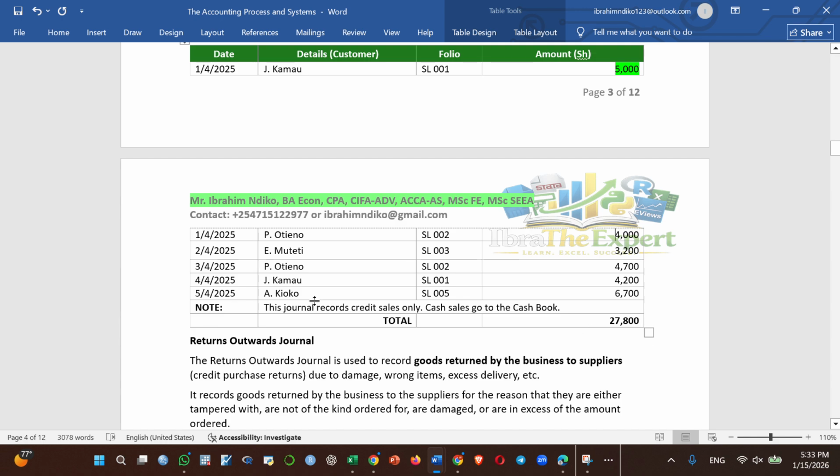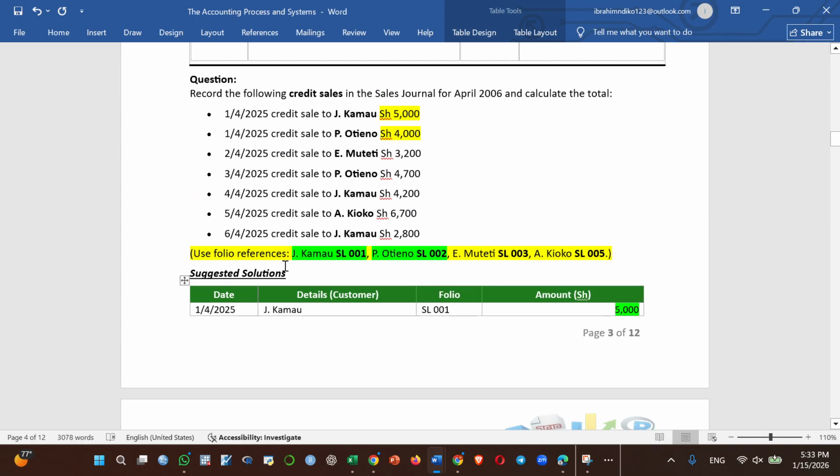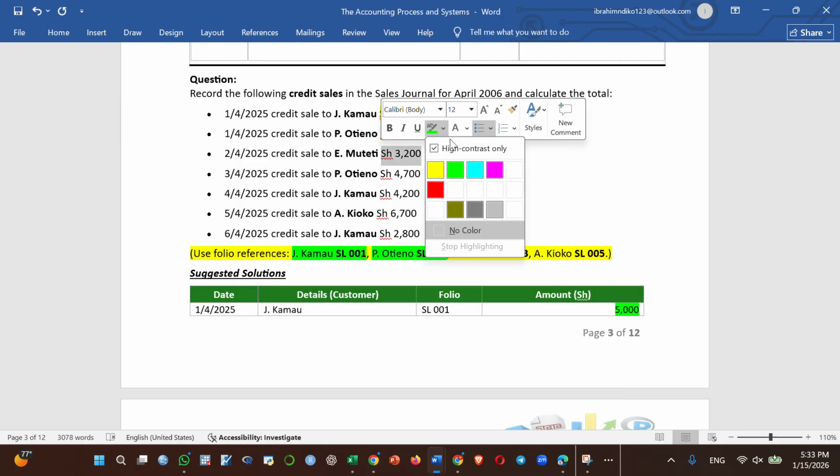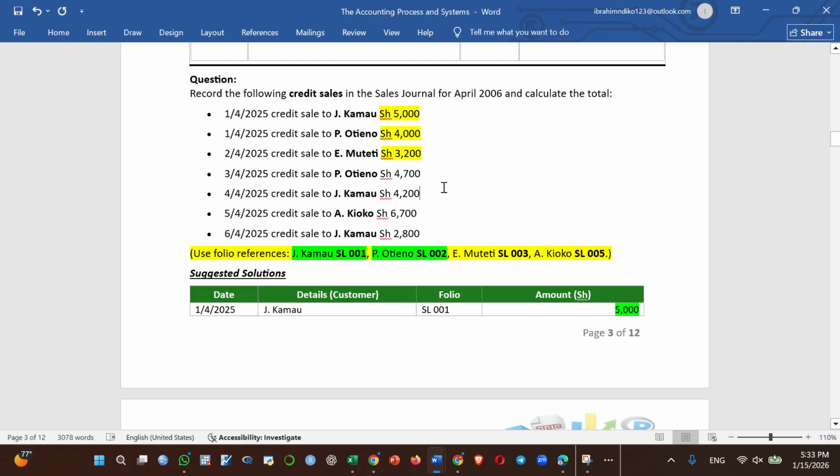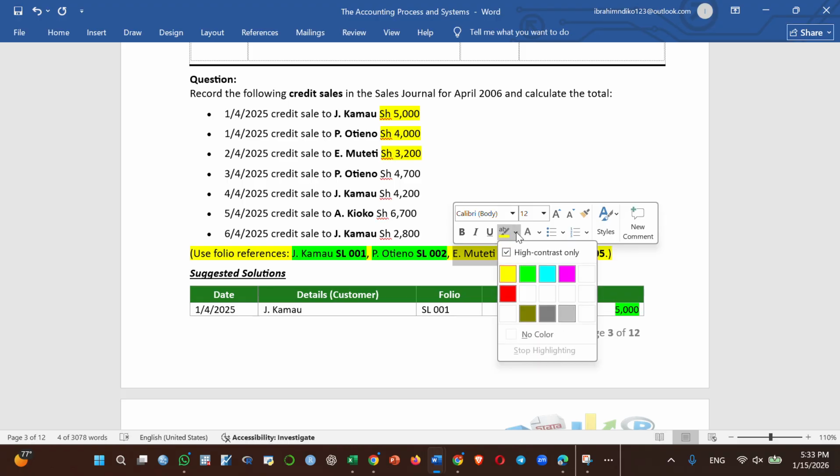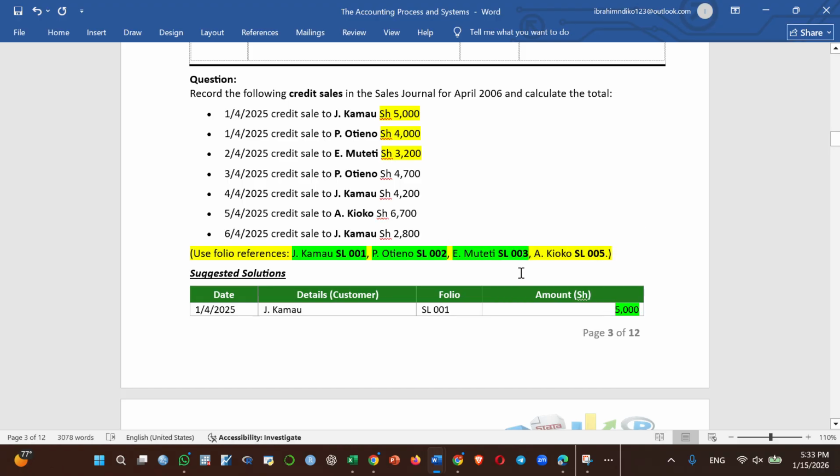Then after that, the next date is on 2nd. Now, on 2nd, there was another credit sale made to Muteti. The folio number or reference number is SL003.